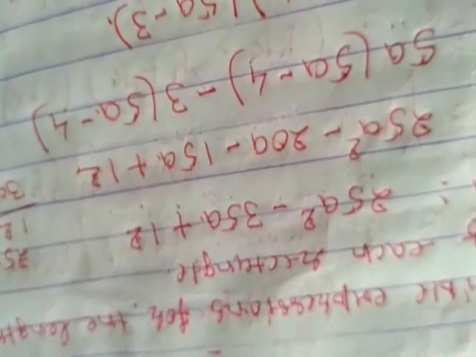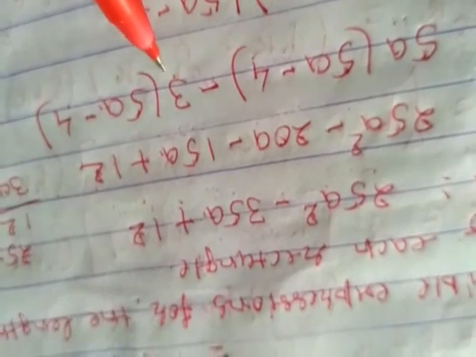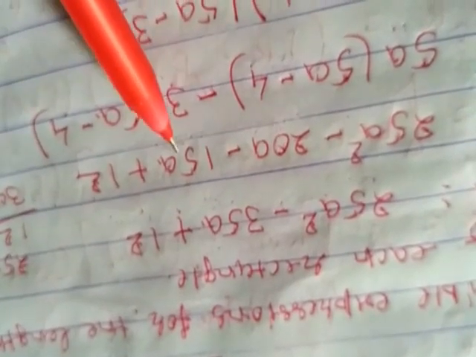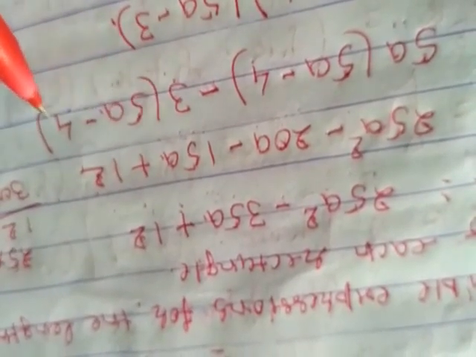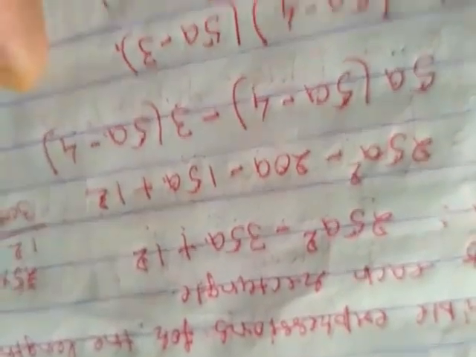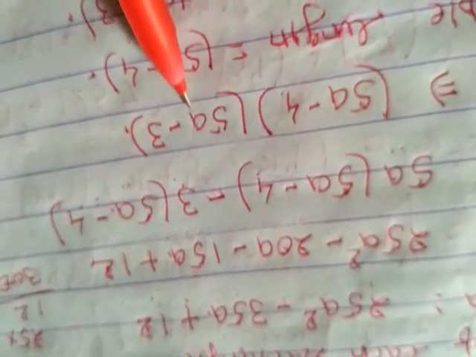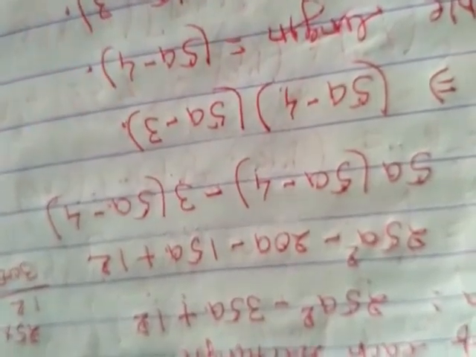When you take minus 3 as common, it leaves 5a minus 4. Hence from both terms, we have 5a minus 4 into 5a minus 3. This is the possible factorization of the given area.